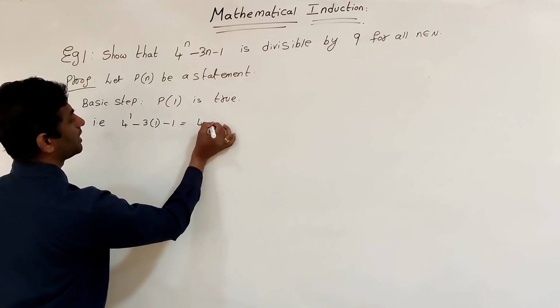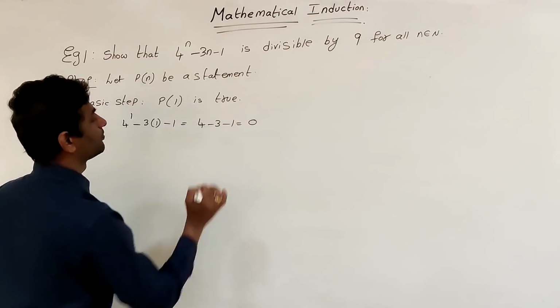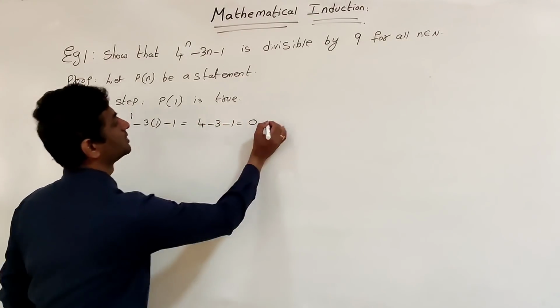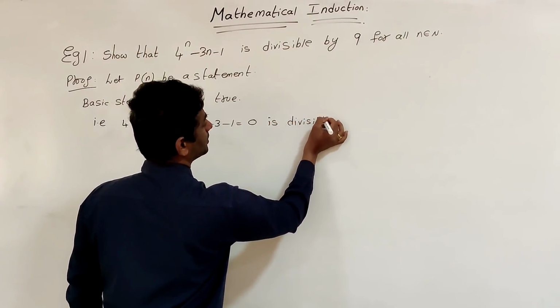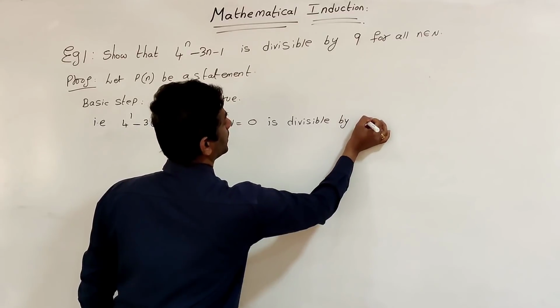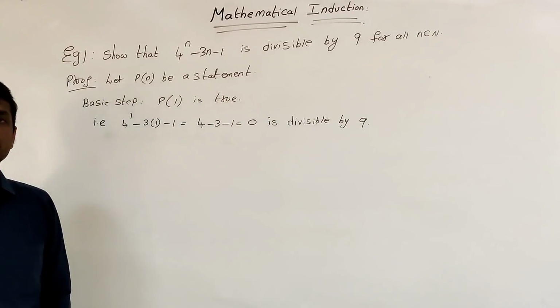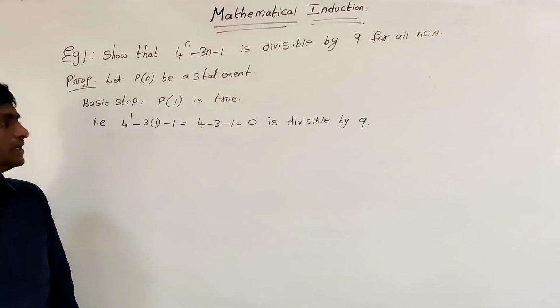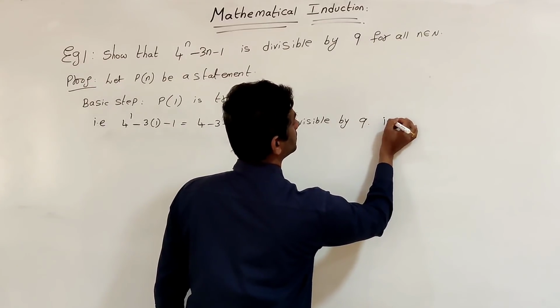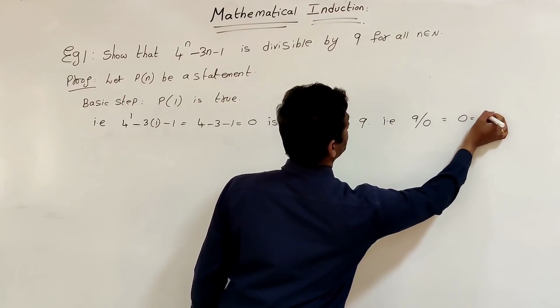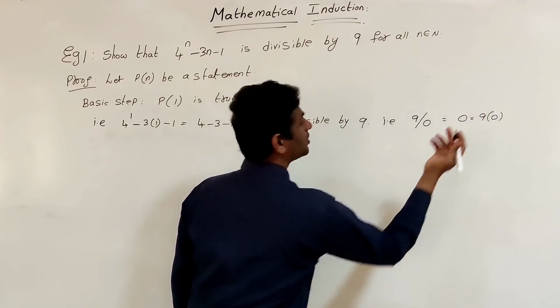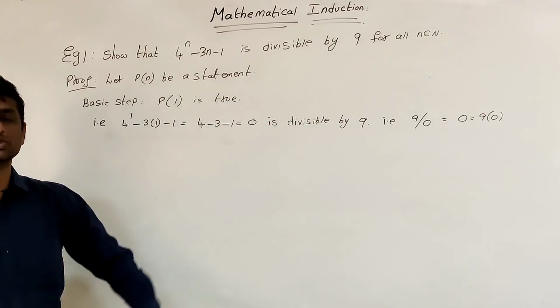It is 4 minus 3 minus 1, which is 0. Now 0 is divisible by 9, it is always true. That is, 9 divides 0, which means 0 is equal to 9 times 0, where 0 is also an integer, and the remainder is also 0.